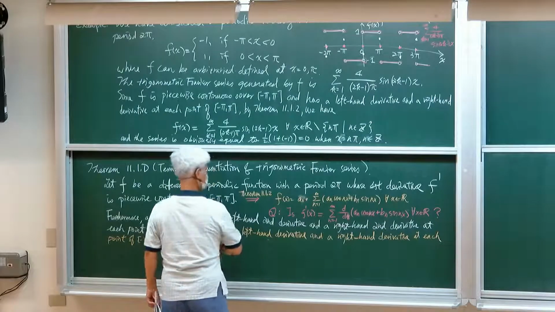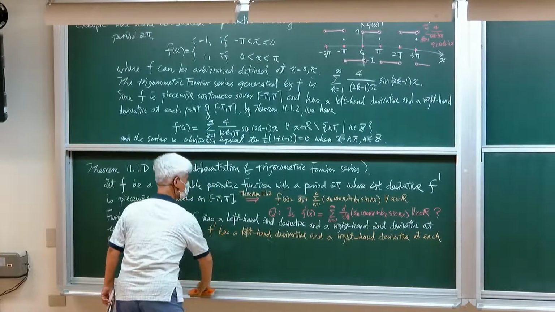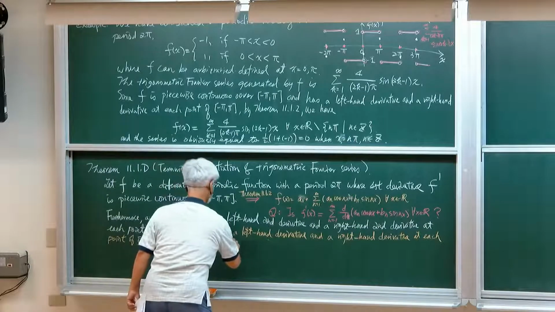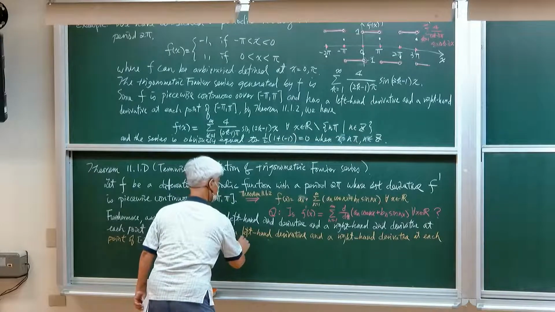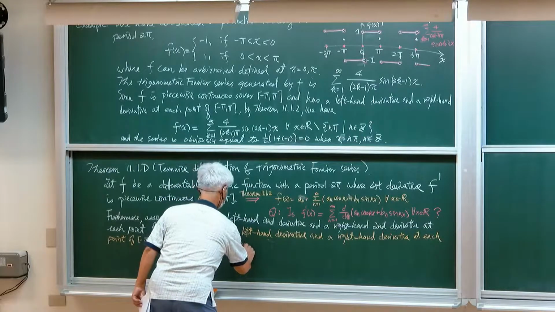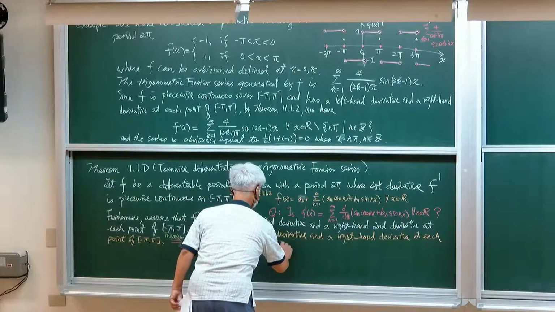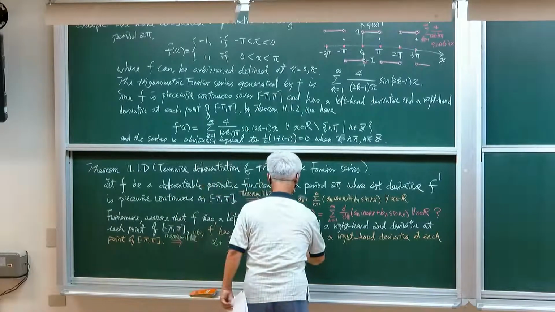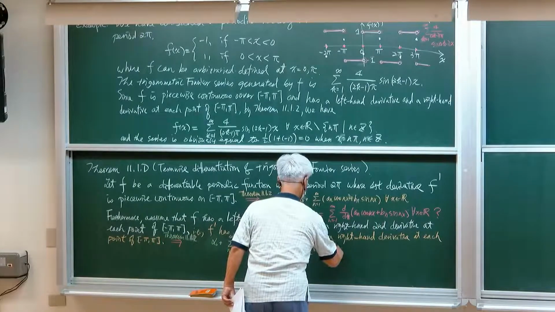Now this time, we say alpha 0 plus summation n from 1 to infinity of alpha n cosine nx plus beta n sine nx is equal to the average of f prime at x minus and f prime at x plus.